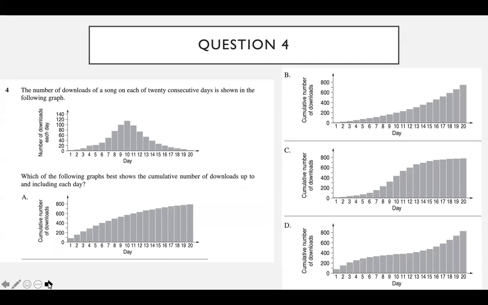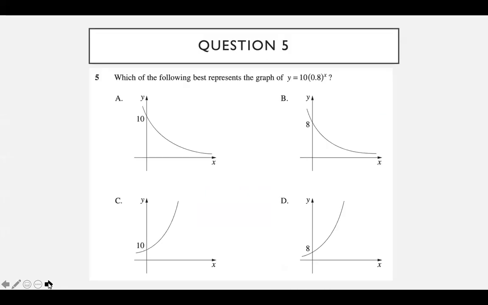In question five, the students needed to work out which of the following best represented the graph of y equals 10 multiplied by 0.8 to the power of x. And although we don't see the student working, we'd imagine that students would first need to work out where the y-intercept was in order to consider the shape of the curve beyond their initial understanding of where it hit the y-axis.